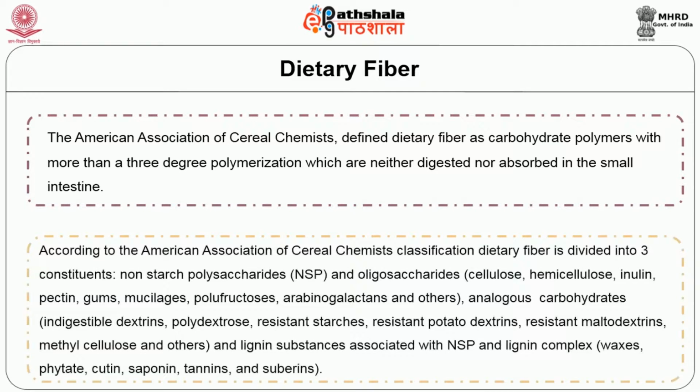According to the association, dietary fiber is classified into 3 constituents: non-starch polysaccharides and oligosaccharides, analogous carbohydrates, and lignin substances associated with non-starch polysaccharides and lignin complexes such as waxes, phytate, cutin, saponin, tannins and suberins.